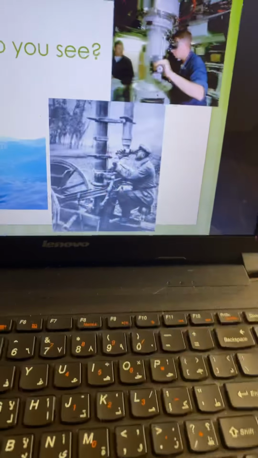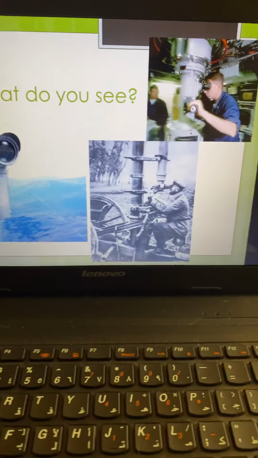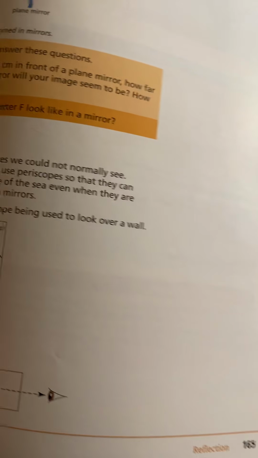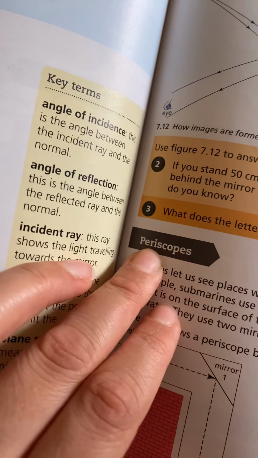Wait, miss. Yeah, on this page 165. Yeah, this is a device. What is it called? Periscope.